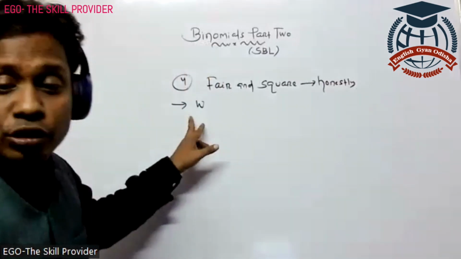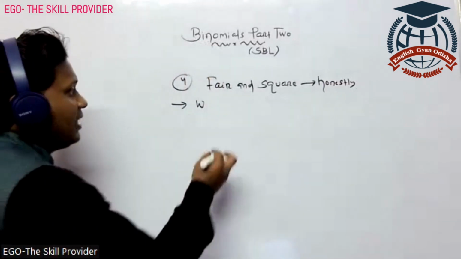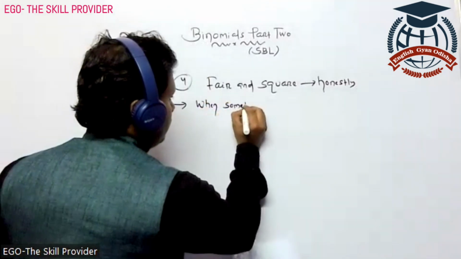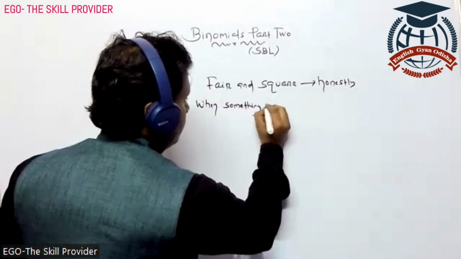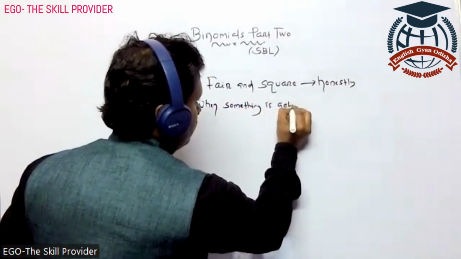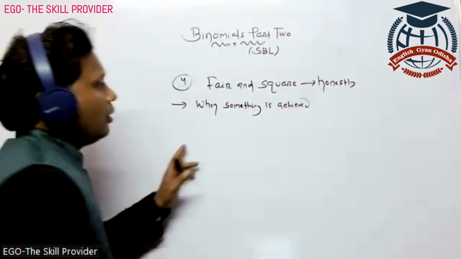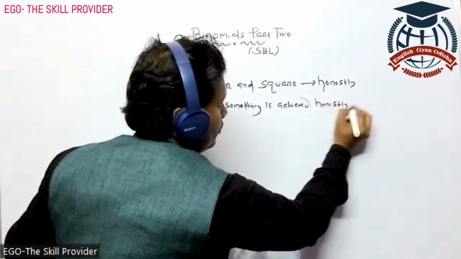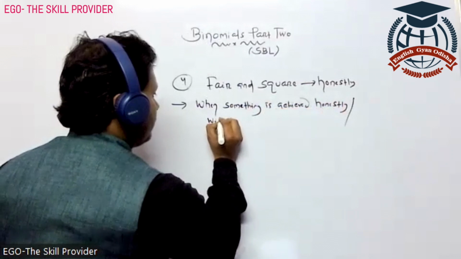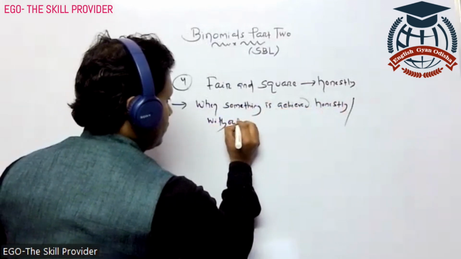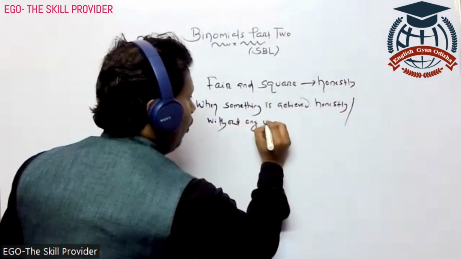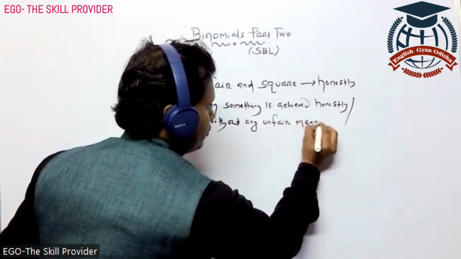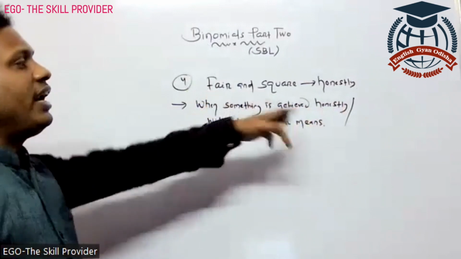Okay, so let me give you the situation for you. When something is achieved honestly or without any unfair means, then you can use fair and square.